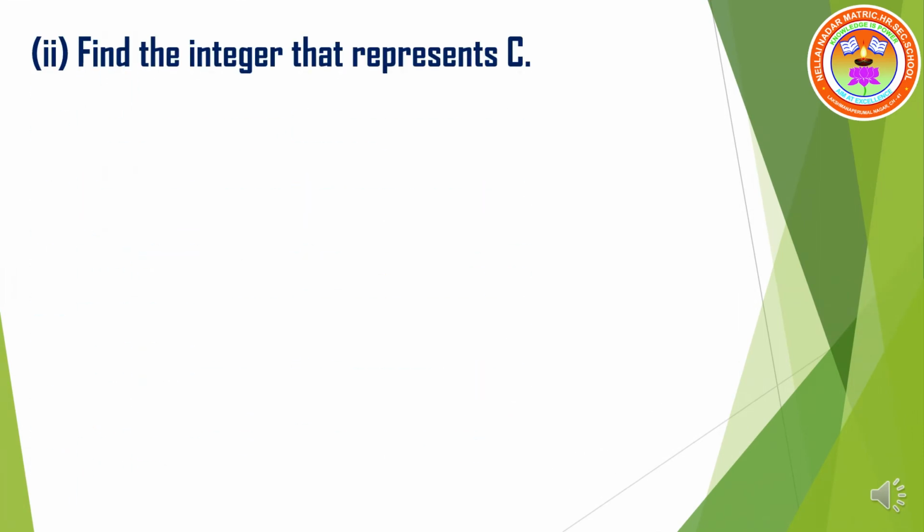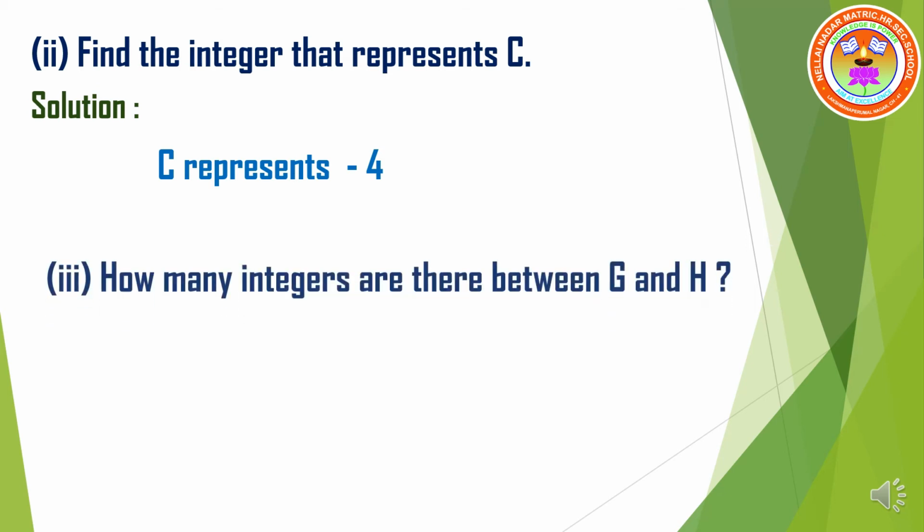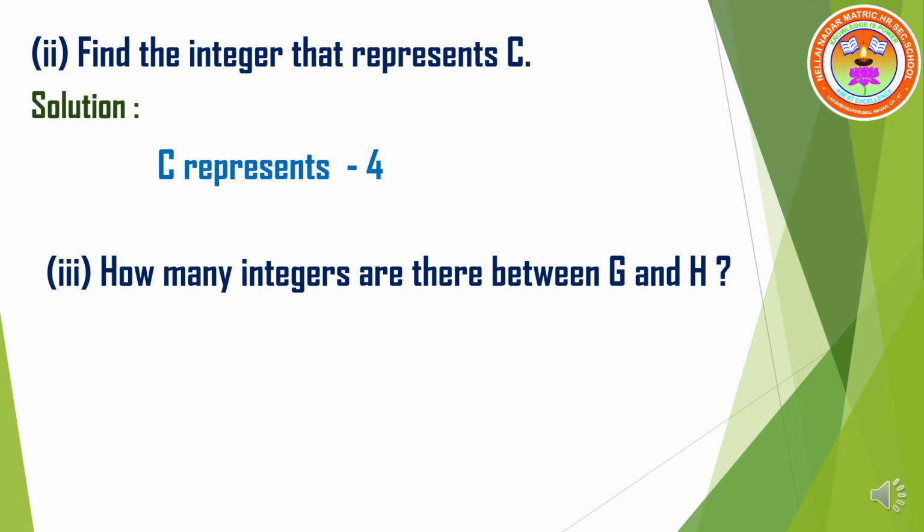Next, second subdivision, find the integer that represents C. So by seeing the number line, we have to answer the questions. So when you look at the number line, we can say that C represents -4. Okay. Now, third subdivision, how many integers are there between G and H?